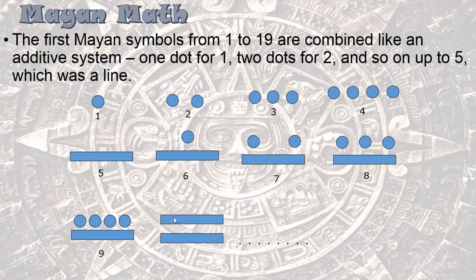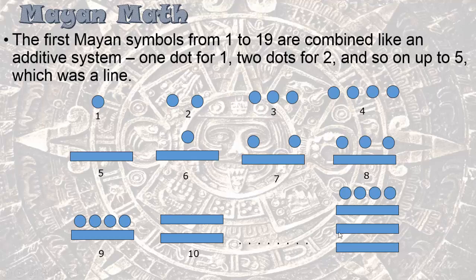And then 10, because 10 is 5 plus 5, so we have 2 lines, and so on until we get 19: 4 dots for 4, plus lines for 5, 10, and 15. So 5, 10, 15, and 4 gives us 19.